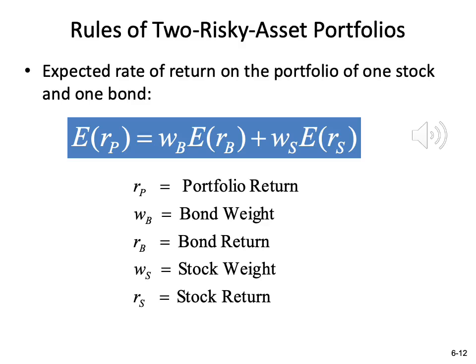So the formula goes like this: the expected return of the risky portfolio equals the weight of the bond multiplied by the expected return of the bond, plus the weight of the stocks multiplied by the expected return of the stocks.